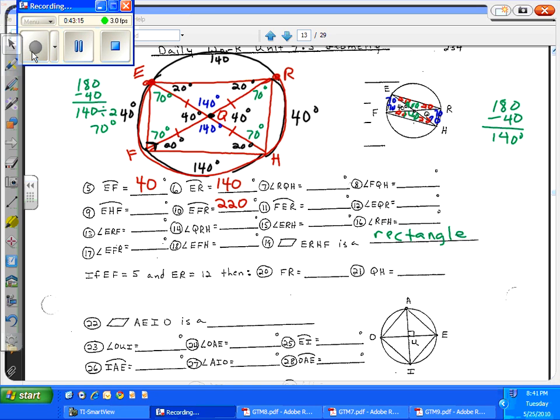If EF is equal to 5, and ER is equal to 12, then what would you do to find FR? Well, we know that that angle's 90, so we could do the Pythagorean theorem, right? So don't forget about your right triangle rules also, okay?